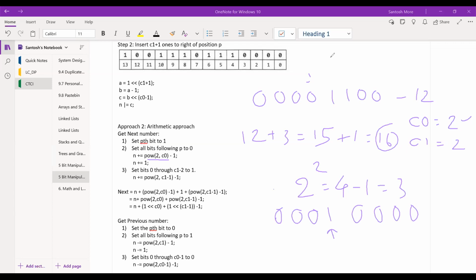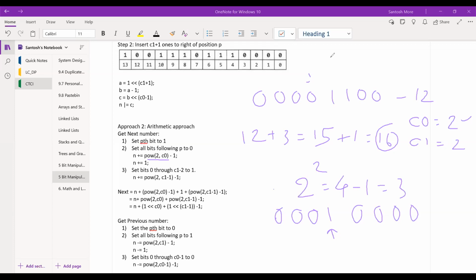So the first thing, we always have to set the pth bit to 1. In this case we have set this to 1, and then we have to set the remaining bits: 2 raised to C1 minus 1, actually, not 2.